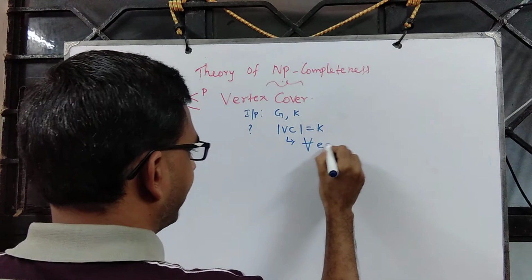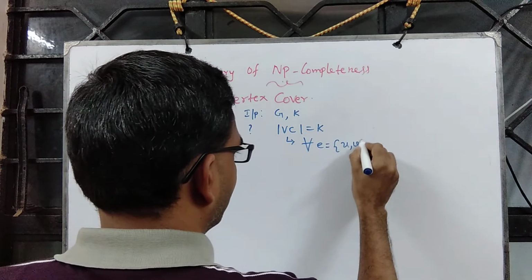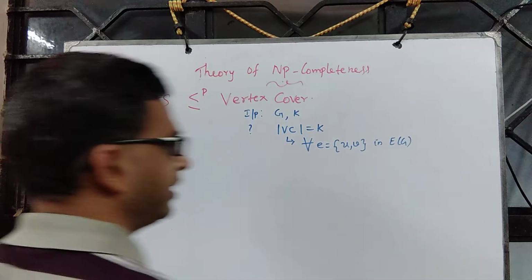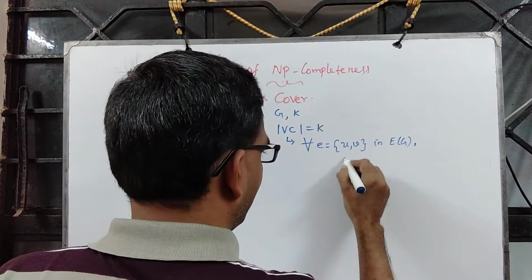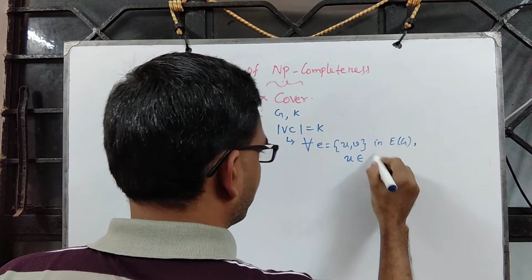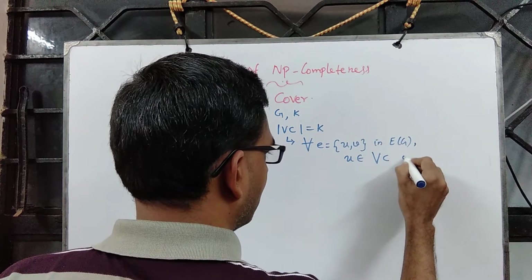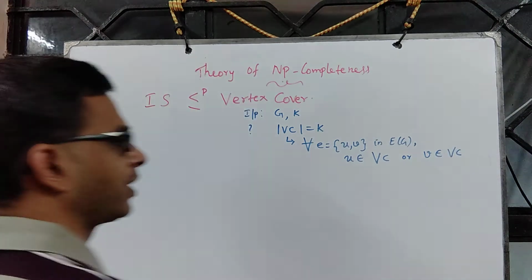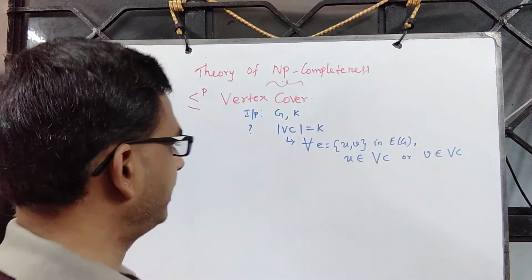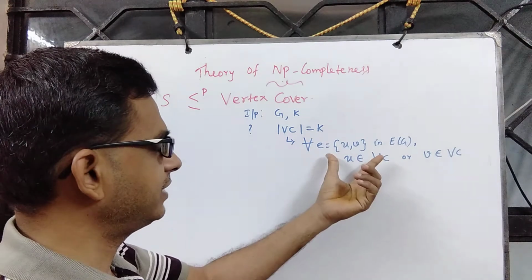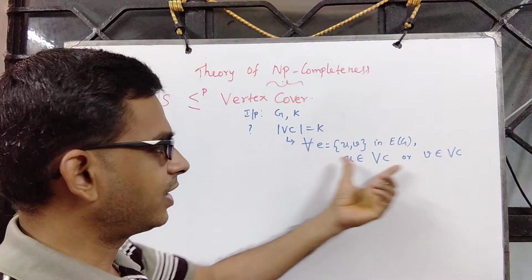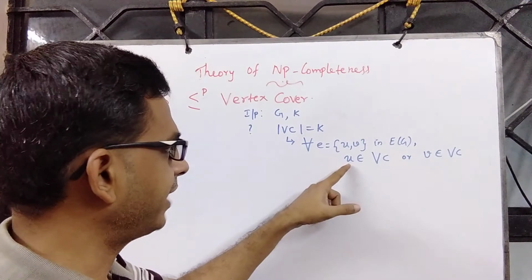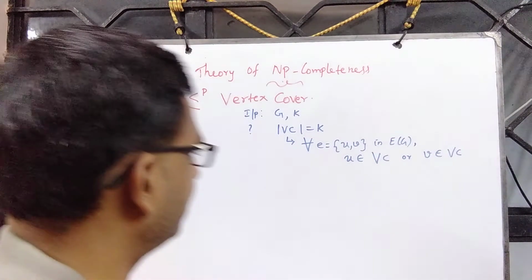For all edges in E of G, the edge set, we say u belongs to the vertex cover or v belongs to the vertex cover. So in some sense, it is the set of vertices that cover all edges. For each edge, at least one endpoint is present in the vertex cover.